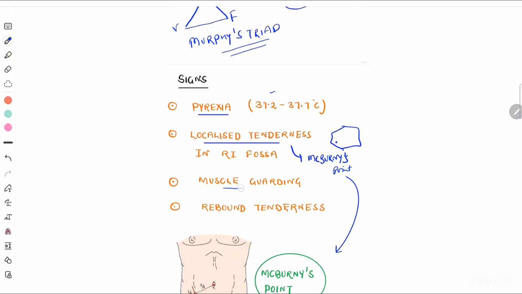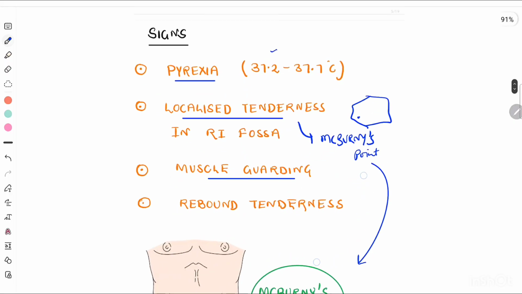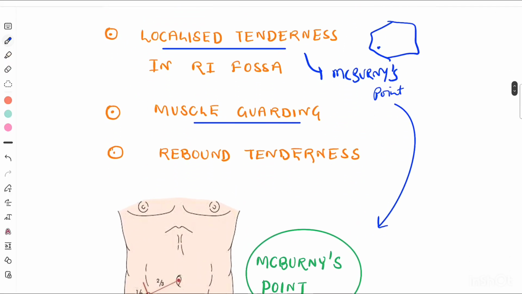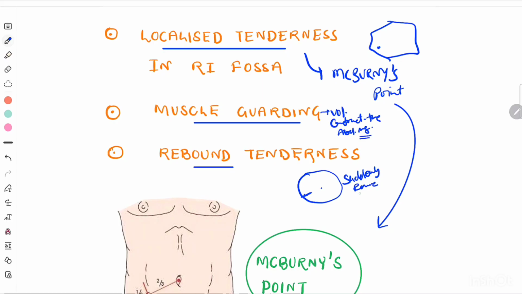And there can be muscle guarding. In guarding, the patient voluntarily contracts the abdominal muscles to protect himself from the pain caused by palpation. And there can be a sign of rebound tenderness. In rebound tenderness, we put our hand on the right iliac fossa and then suddenly remove our hand from the abdomen.